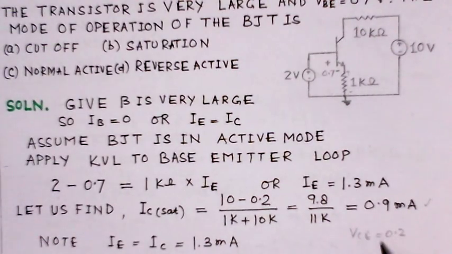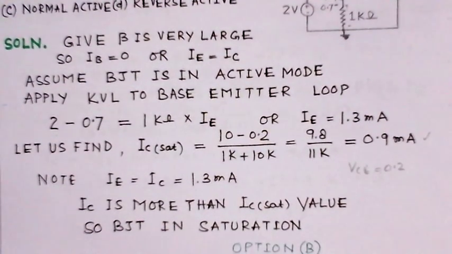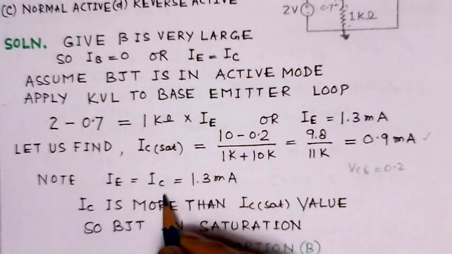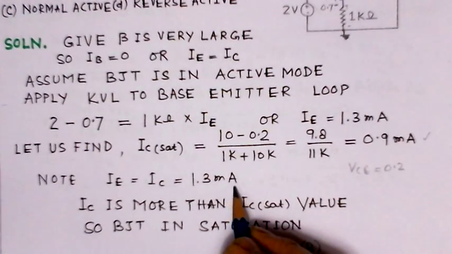So what we find here is that if the transistor is in saturation, its collector current would be about 0.9 milliamperes. But we have already calculated the value of the collector current, which is about 1.3 milliamperes.